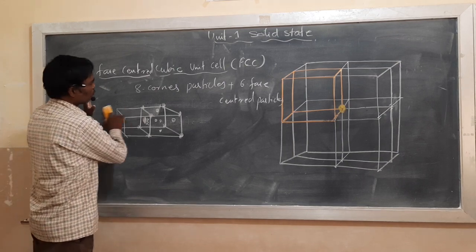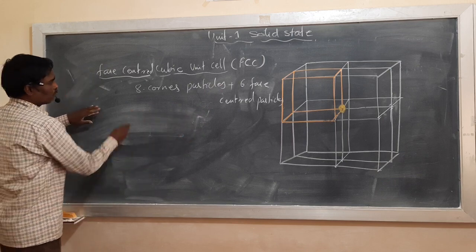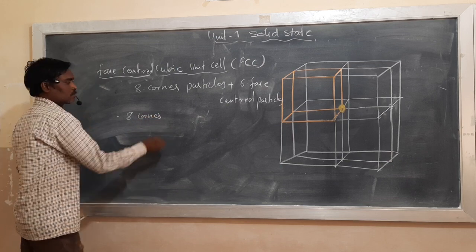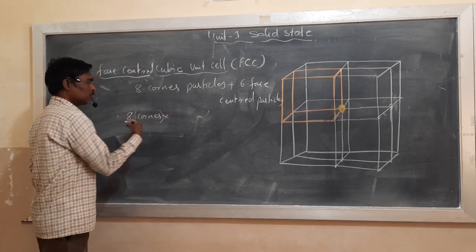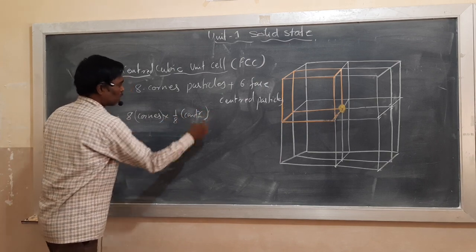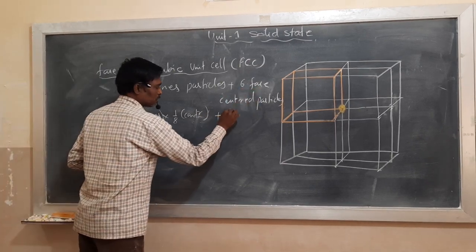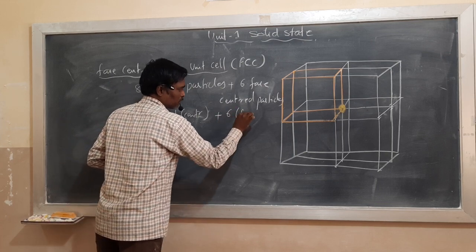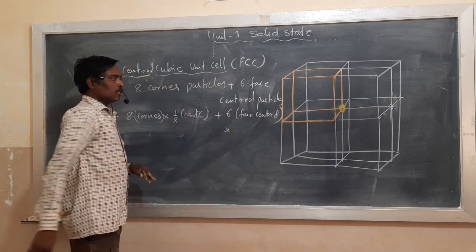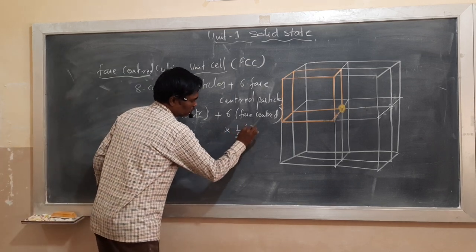Now we can calculate the total number of particles in the face-centered cubic cell. This is 8 corner particles multiplied by the contribution of a corner particle, 1 by 8, plus 6 face-centered particles into the contribution of each face-centered particle, 1 by 2.